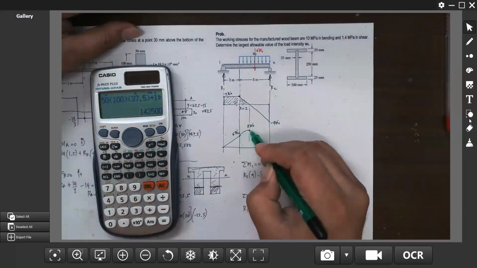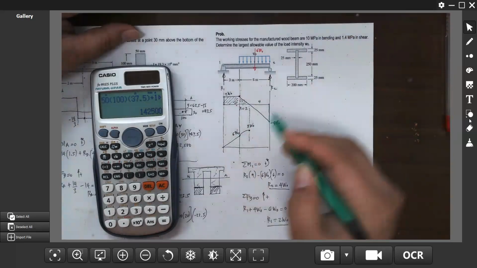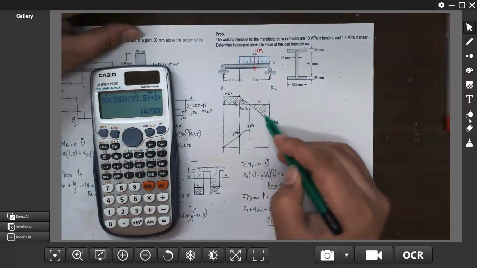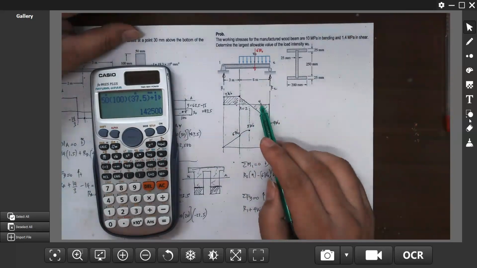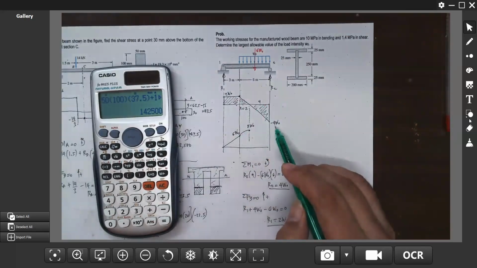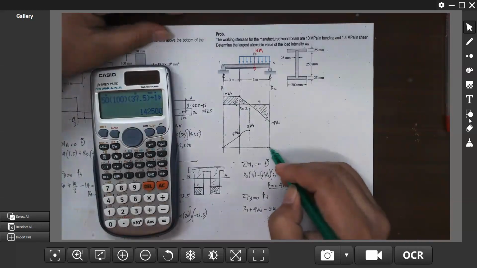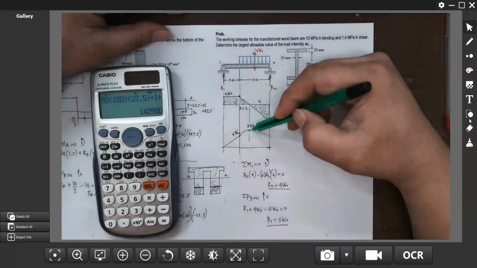Moment diagram. And then this is 4, right? 1/2 of 4 times 4W sub O, 8, right? So it becomes zero. Moment diagram.